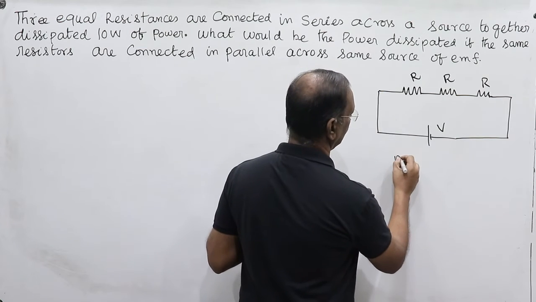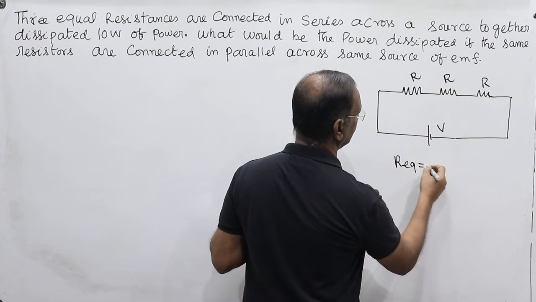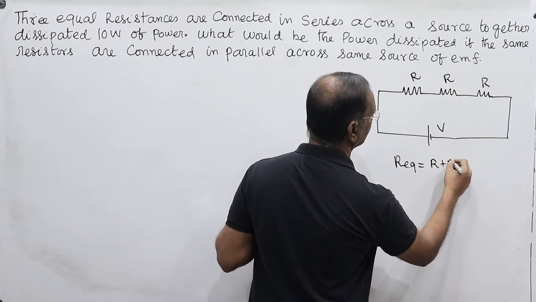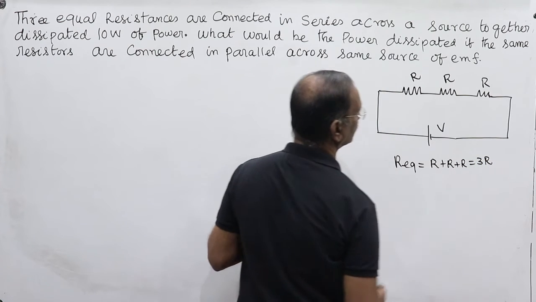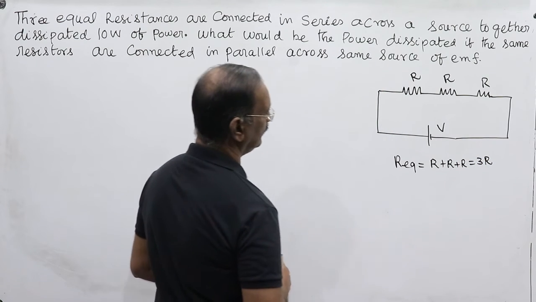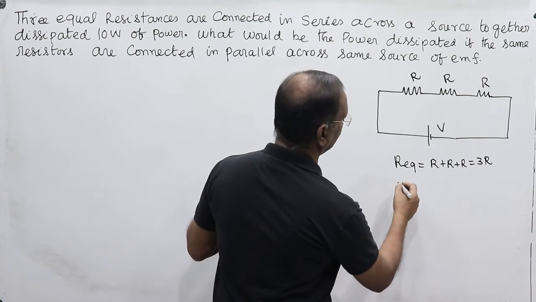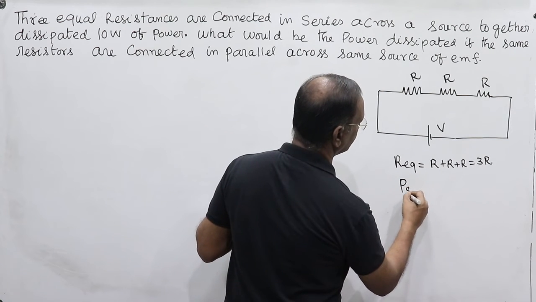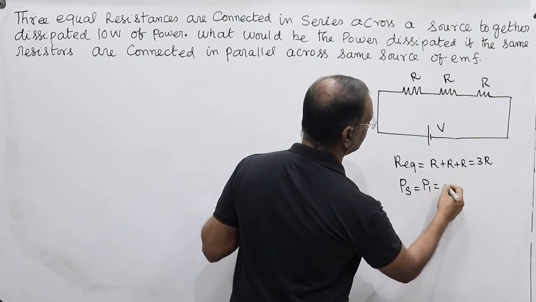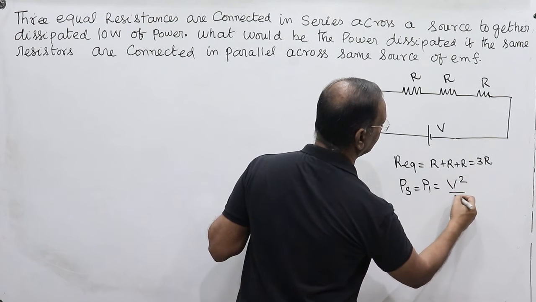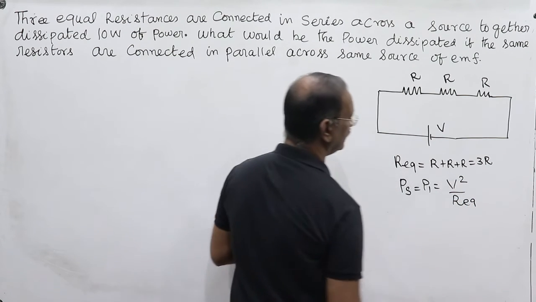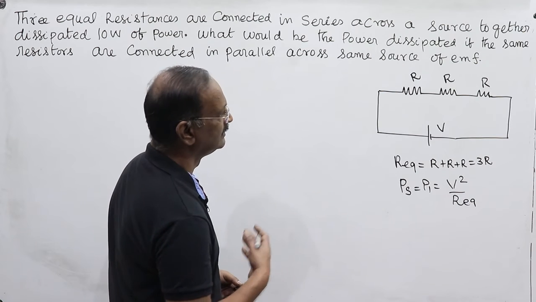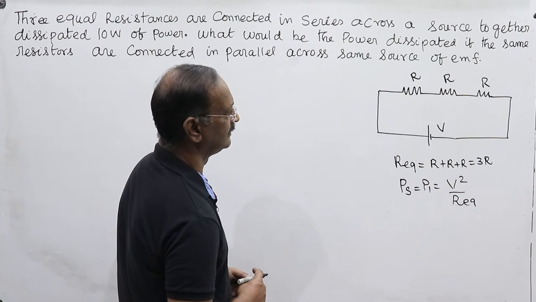So R equivalent is R plus R plus R, equal to 3R. The power in series, P1, is voltage squared divided by the equivalent resistance, because the three resistors are in series.